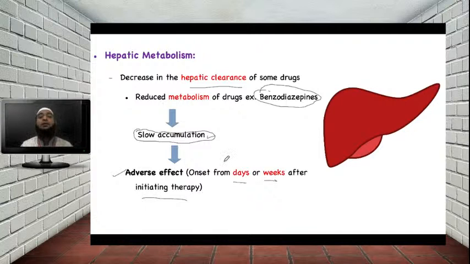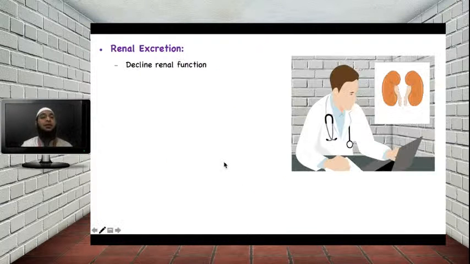So when you are giving a drug which has to be metabolized by the liver, you must take care. You can do a liver function test and then take the decision on the dose to be given to elderly patients. So we have seen the effect of hepatic function, which is related to metabolism.